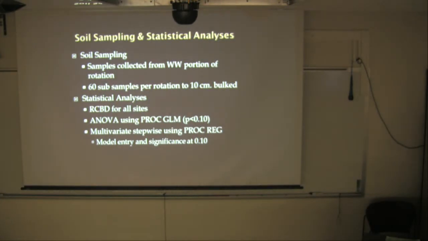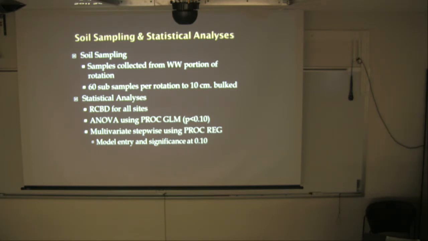Just briefly, soil sampling. Samples were collected this past summer in June and July. And samples were collected from the winter wheat portion of rotations, except for the organic rotation at PCFS, in which spring pea was present. As I mentioned, samples were collected to a depth of 10 centimeters with 60 subsamples collected per rotation in bulk.